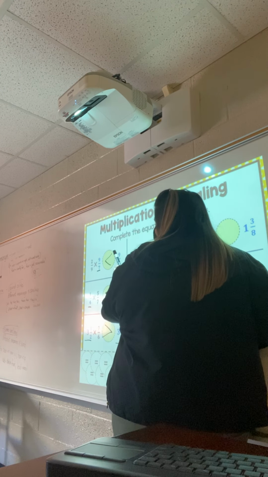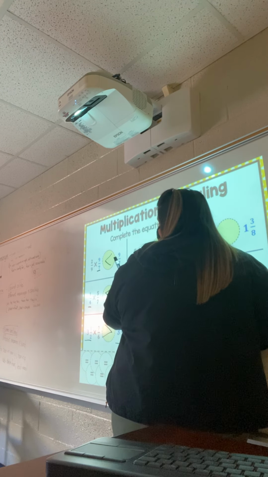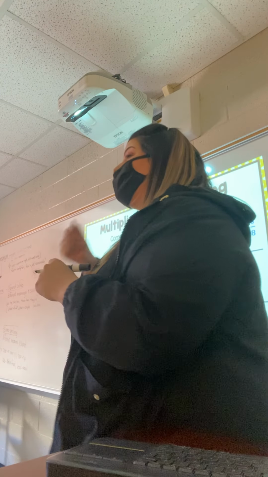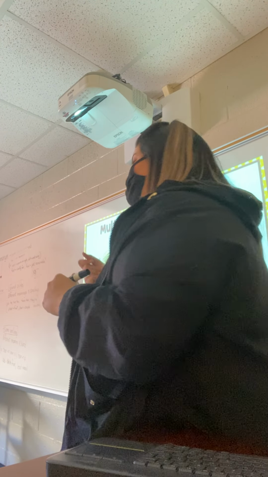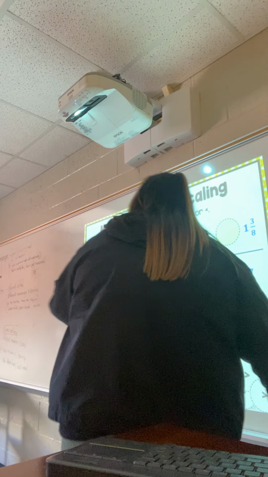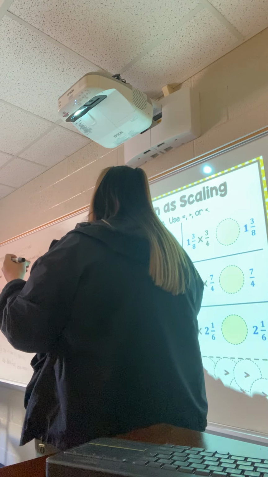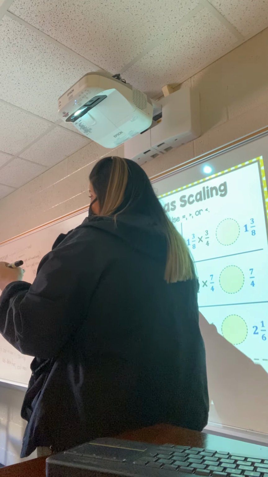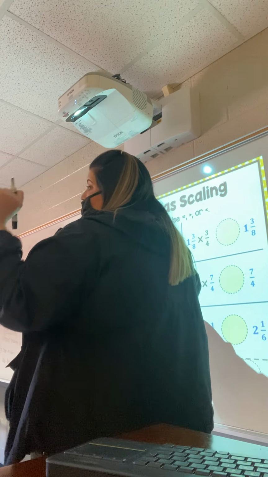Greater than, less than, or equal to 1? Greater than. So when I multiply by 5/6, it's going to give me something bigger than 5/6. All right? See how quick that goes once I know my rule? It doesn't take long. It's just understanding what to look for. That's why I like to find what I have in common, and then I underline it so I know what fraction I need to look at.